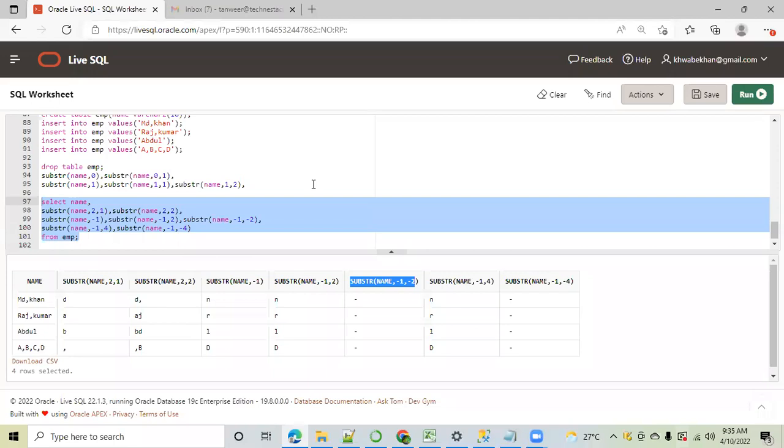Any question? One more time, please. Is this clear? Anyone have any question on this? If we want the last two characters of the name, what do we have to write? Correct. Before answering that, any question on this part? You understood everyone?